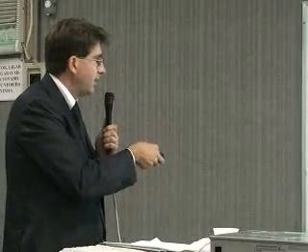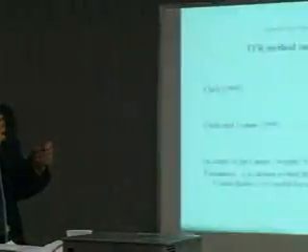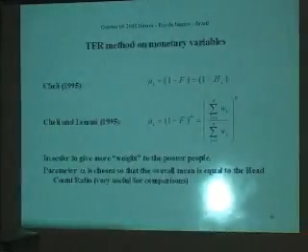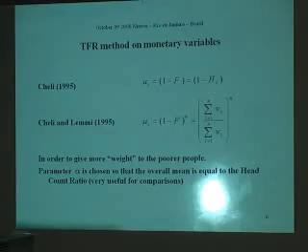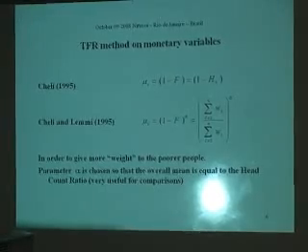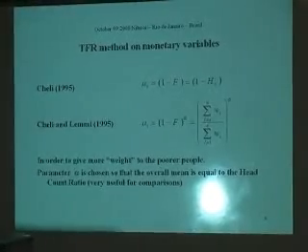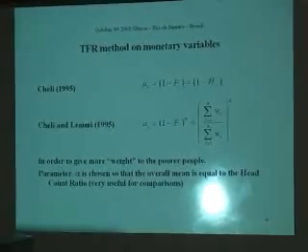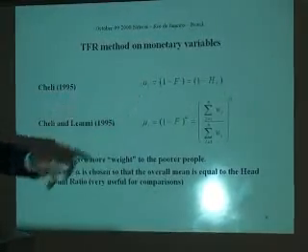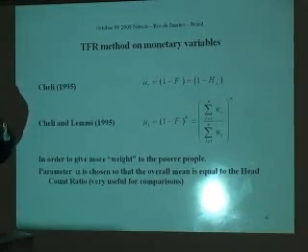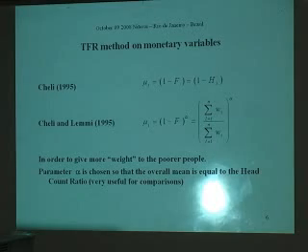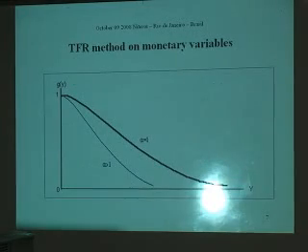Let's start with the first, the so-called fuzzy monetary. Instead of defining a function which is 1 for people below the poverty line, and 0 for people above the poverty line, Cheli 95 proposed to define a membership function which is simply 1 minus the cumulative distribution function. I show this graph.